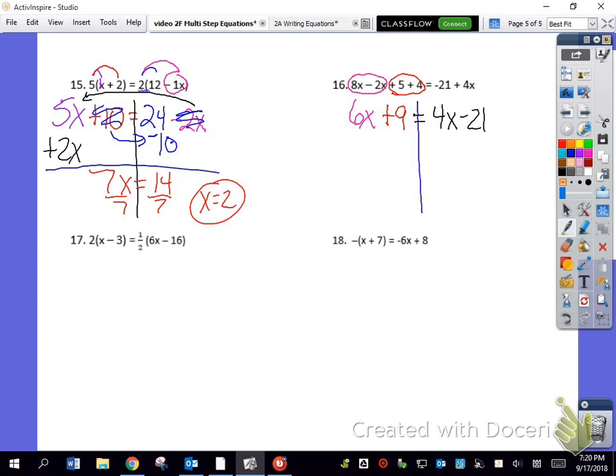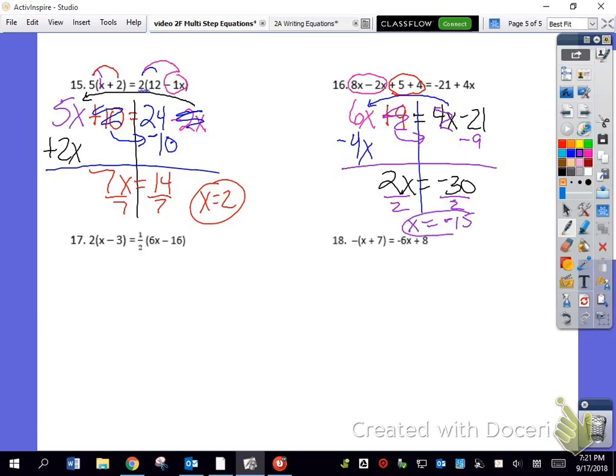Okay, draw your line. 4x moves to the other side. It becomes negative 4x. Positive 9 moves to the other side. It becomes negative 9. Now draw your line. So 6 minus 4 is 2x equals negative 21 minus 9 is negative 30. And when you divide by 2, you get x equals negative 15.